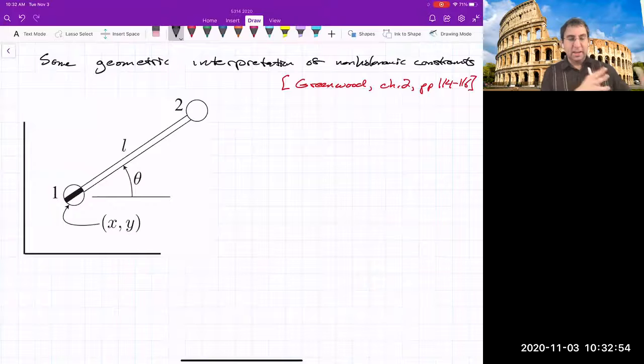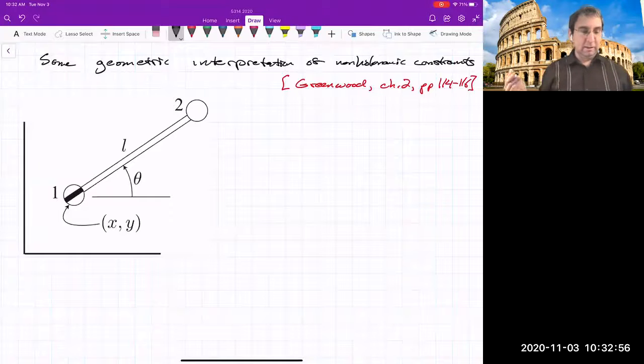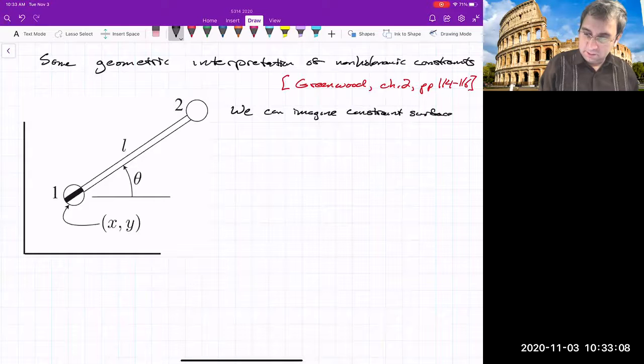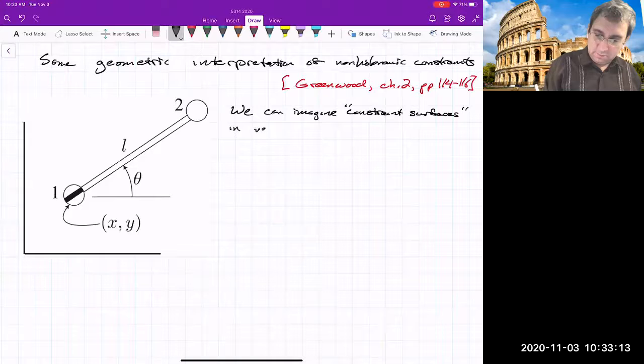So we've talked about phase space. Now you need to think of velocity space. We can imagine constraint surfaces in generalized velocity space. But yeah, let's just say velocity space.